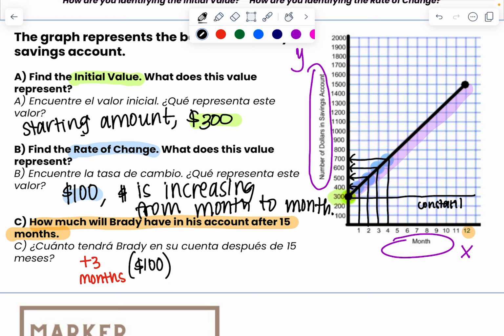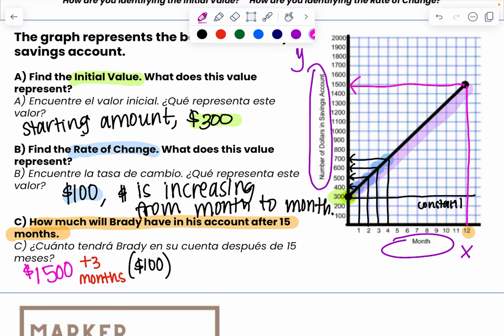So at my very last month of 12, I go up and I want to see how much money Brady has in his account. And oh my goodness, Brady has $1,500 in his account.